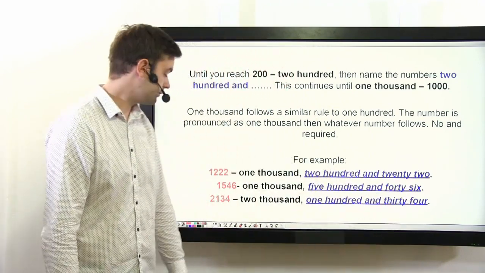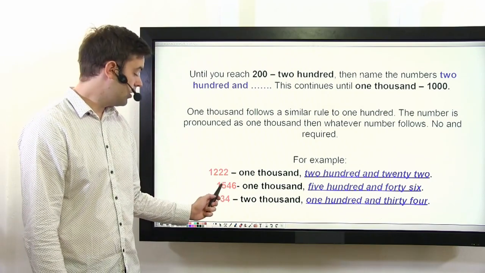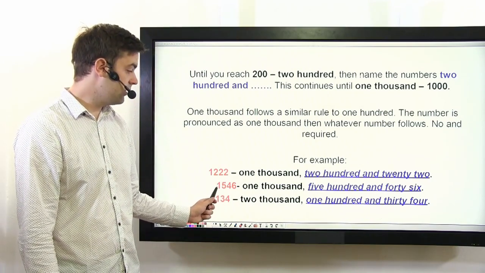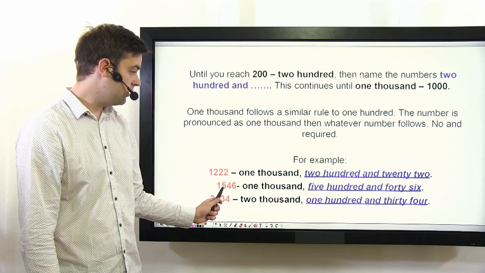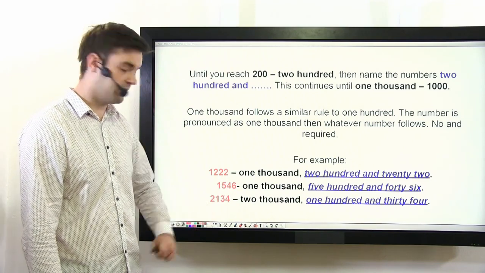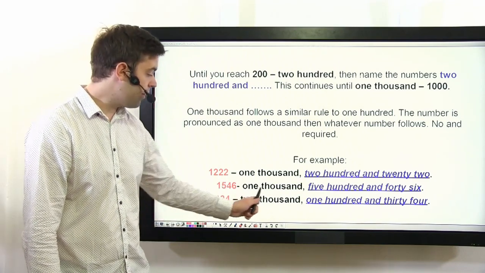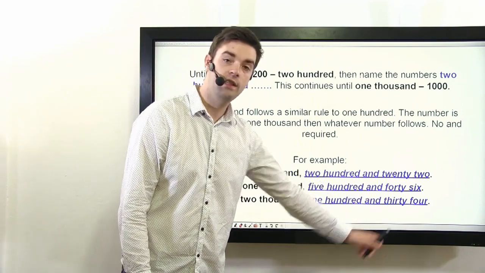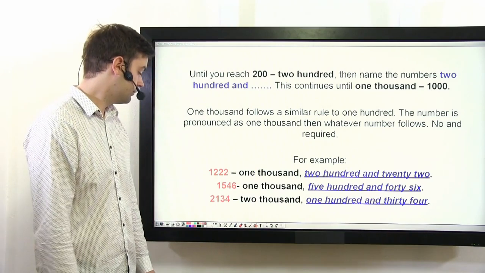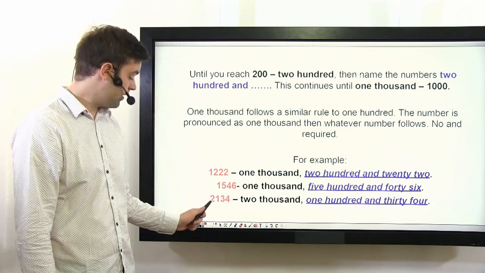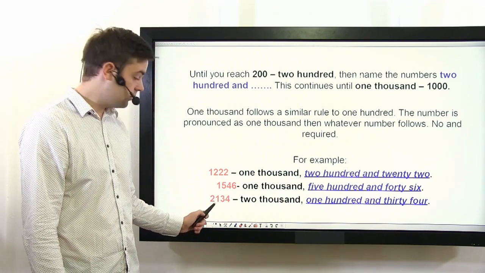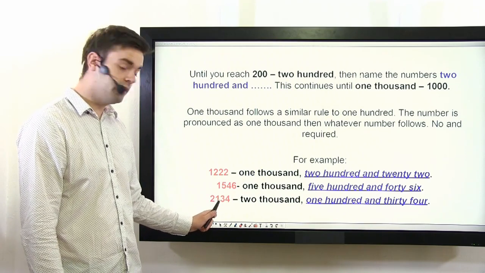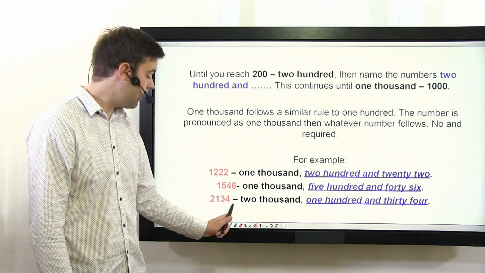This one, we have 1,546. This one, we have 2,134.